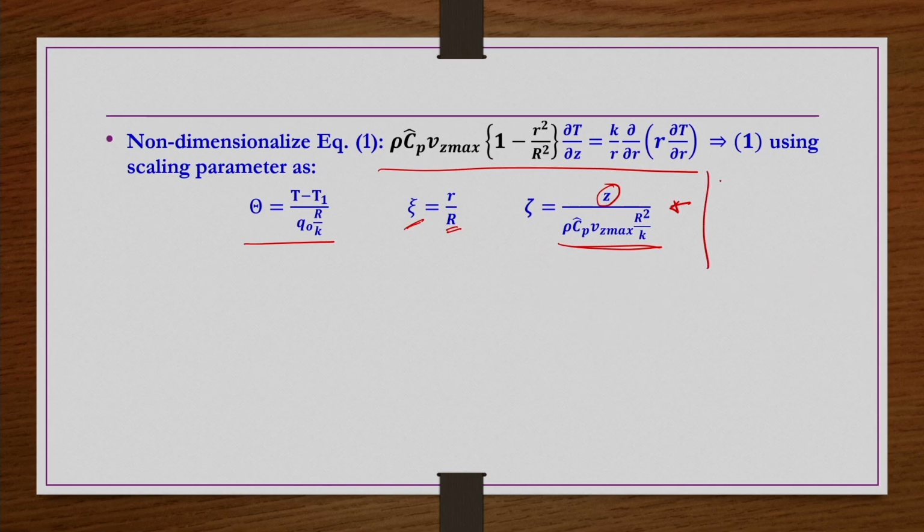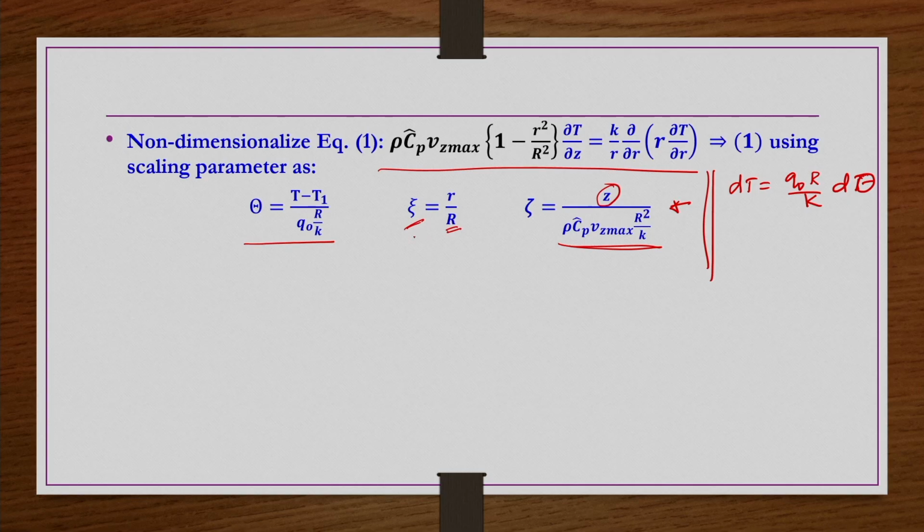So, now these scaling parameters we are going to use to non-dimensionalize equation number 1. In equation number 1 we have dr, dz, dT terms. From this capital theta, we can understand dT is equal to q naught R by k d capital theta.